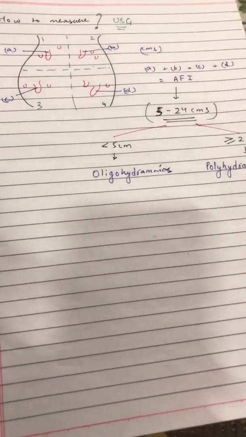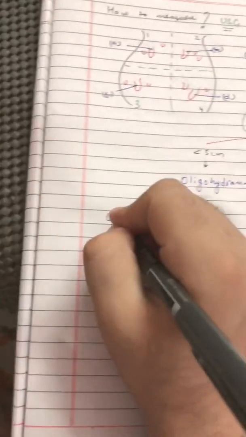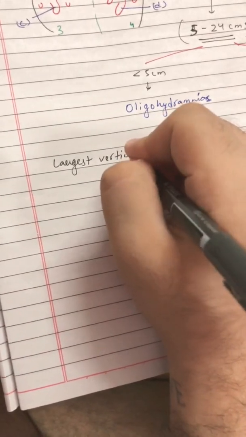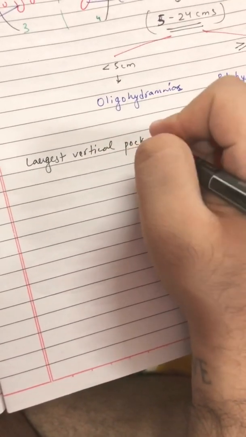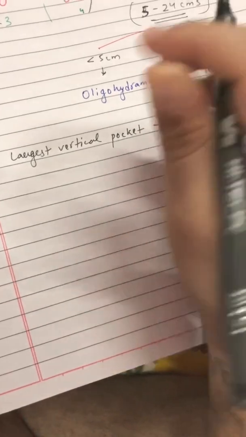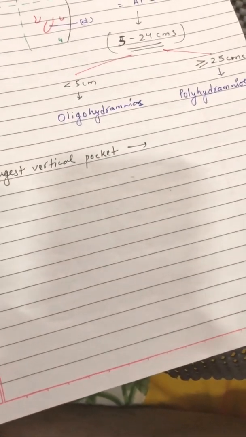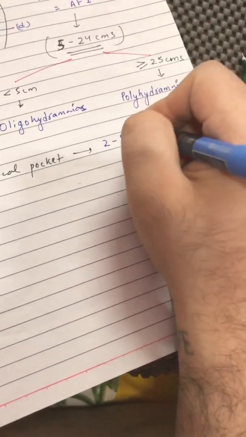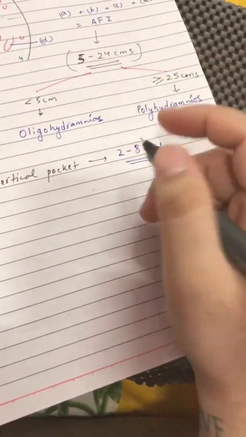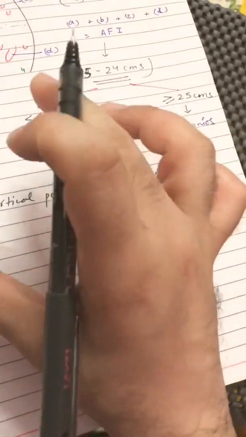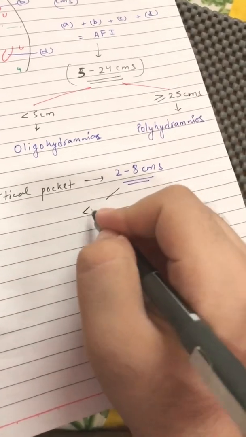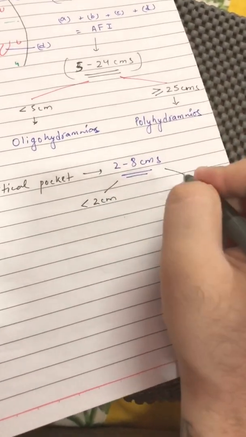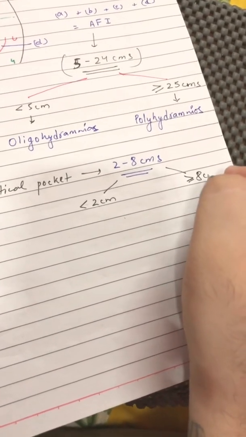So what we do is we take the largest vertical pocket in all of these. The normal range is between 2 to 8 centimeters. Now the same possibilities can be present here too: less than 2 centimeters, or more than or equal to 8 centimeters.